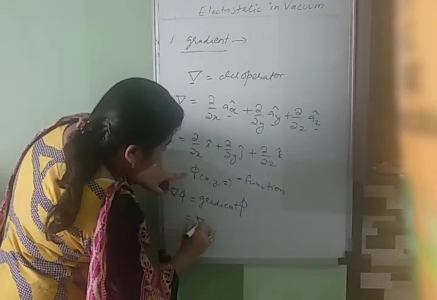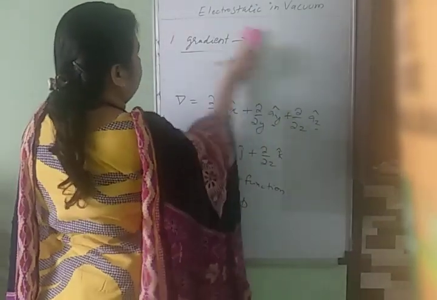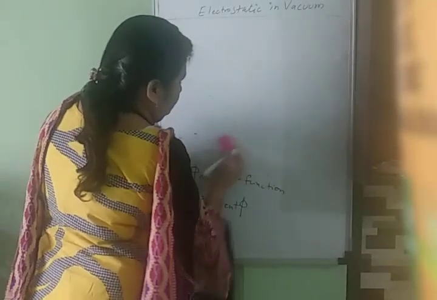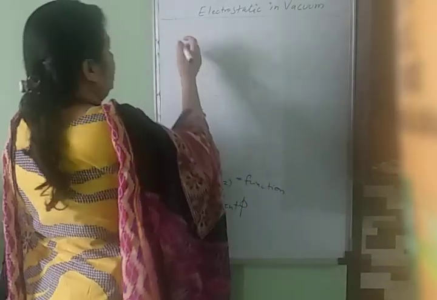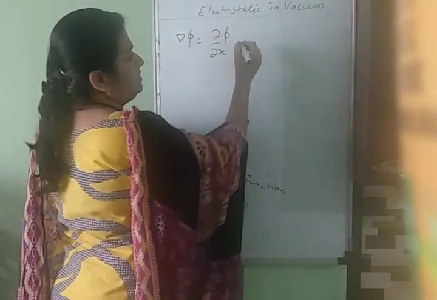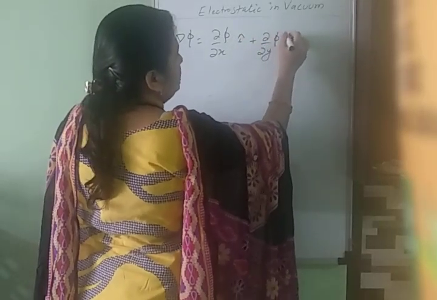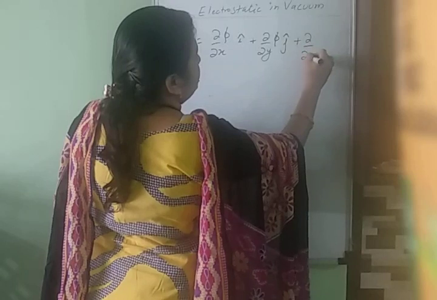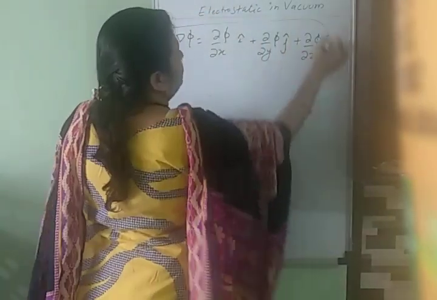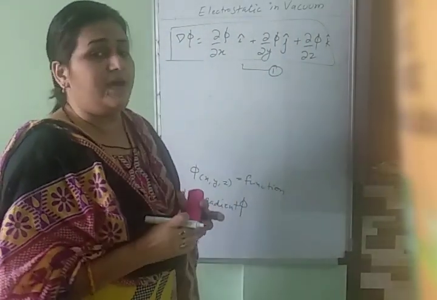So del phi means ∂phi/∂x with unit vector i, plus ∂phi/∂y with unit vector j, plus ∂phi/∂z with unit vector k. By using this formula, we can find the gradient of a phi function.